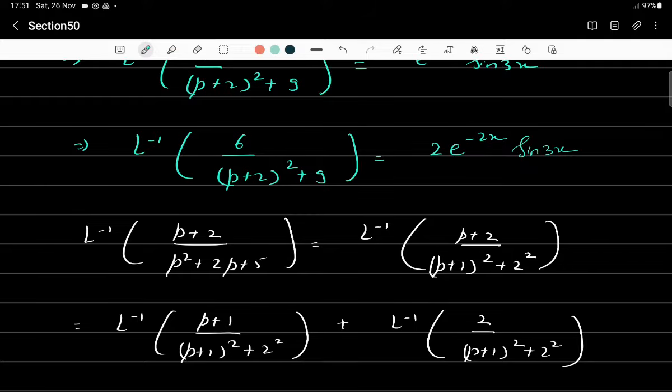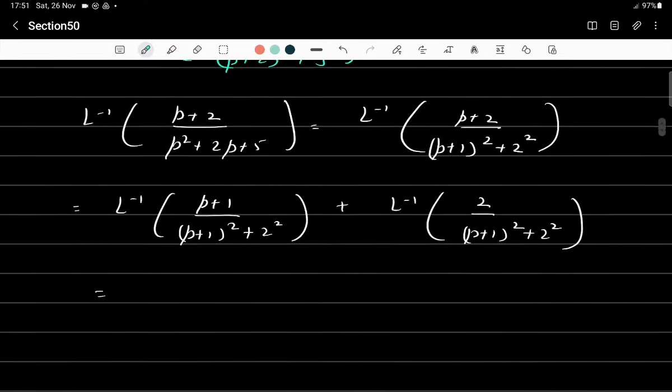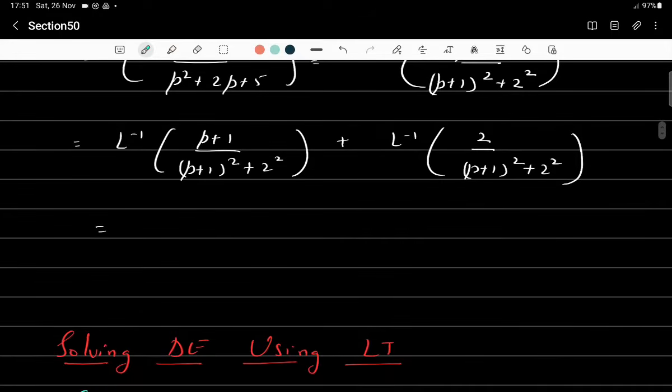In both cases p plus 1 is there, so I have to multiply by e raised to the power minus x. So this becomes e raised to the power minus x cos 2x, because cos 2x is p by p square plus a square, but instead of p it is p plus 1, so e raised to the power minus x is there.